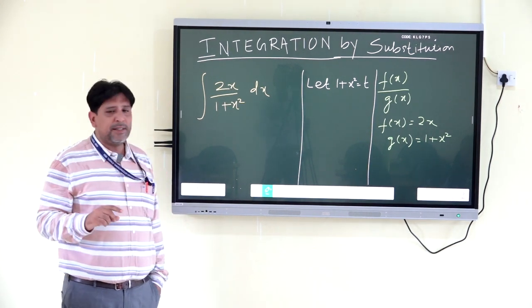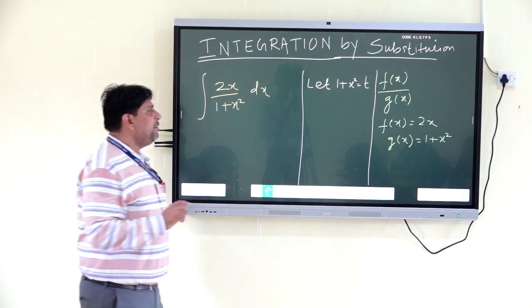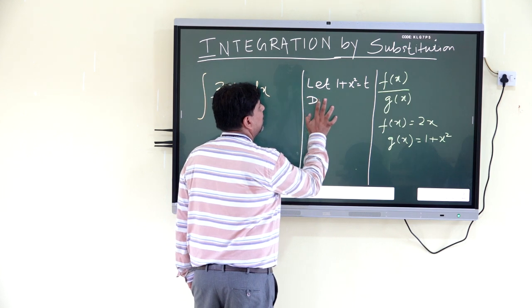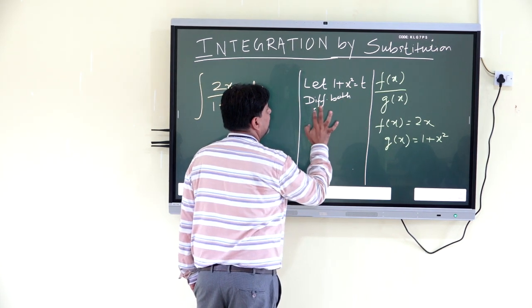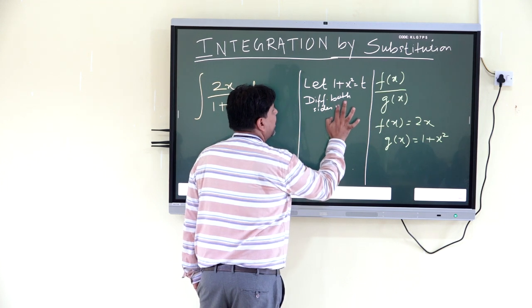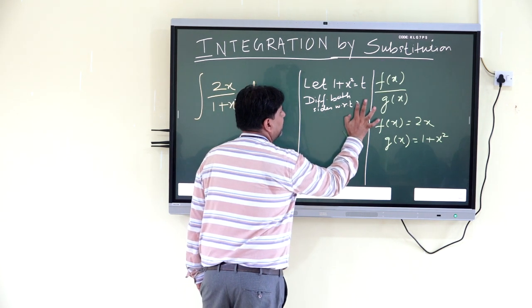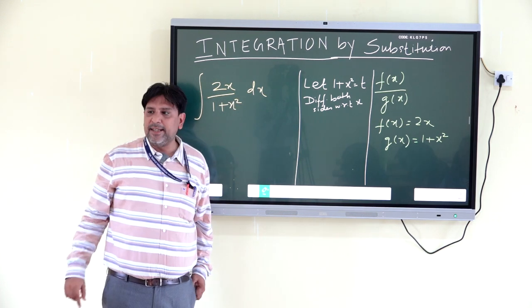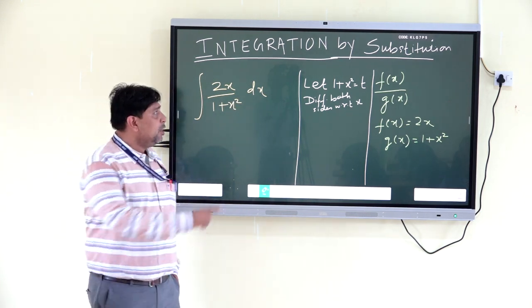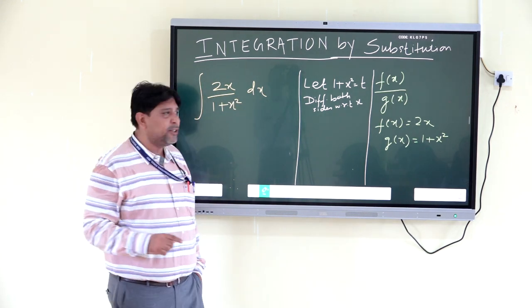If we take 1 plus x square equal to t, we will differentiate both sides with respect to x. Why are we differentiating with respect to x? Because here dx is written.